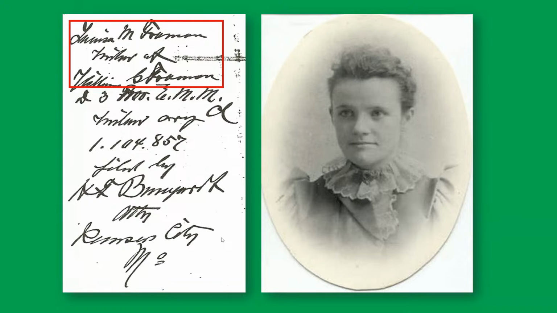That's a proof statement. Doesn't have to be true. Mr. Bumgart, who's the one that wrote this on the back of this photo, was the attorney for this woman as she was trying to obtain her widow's pension after the soldier passed away.